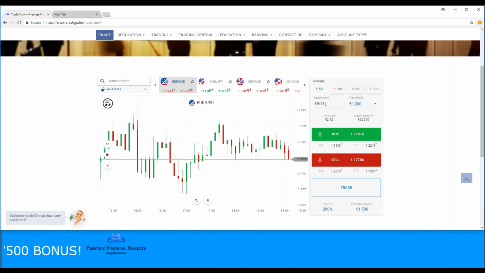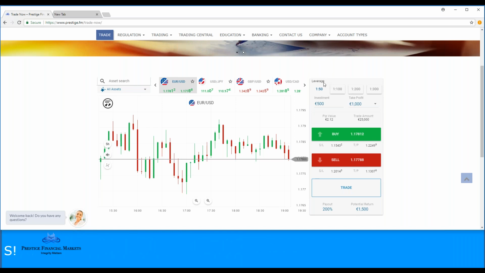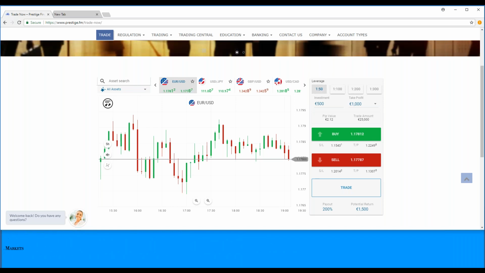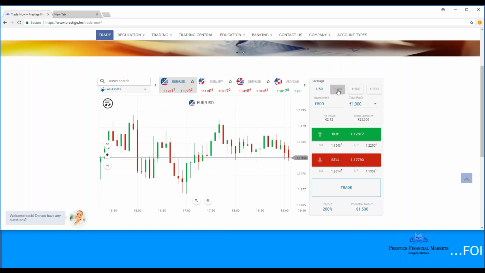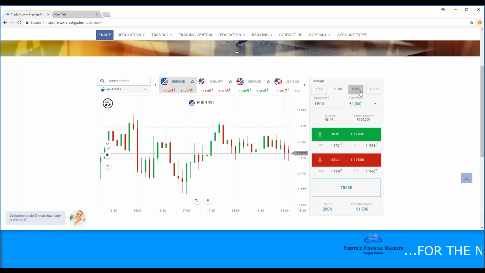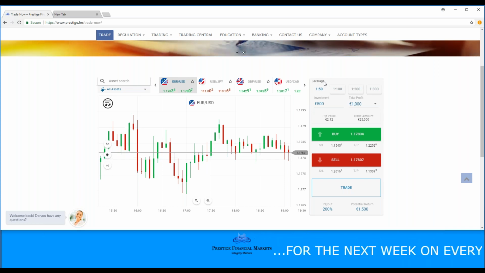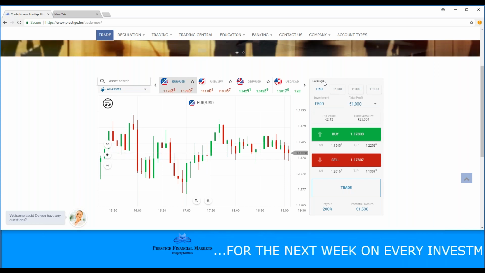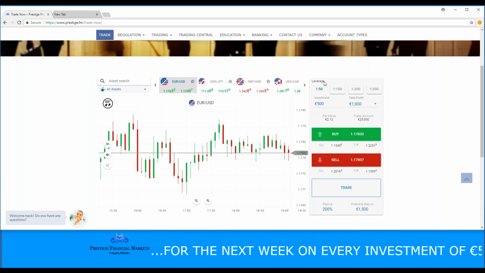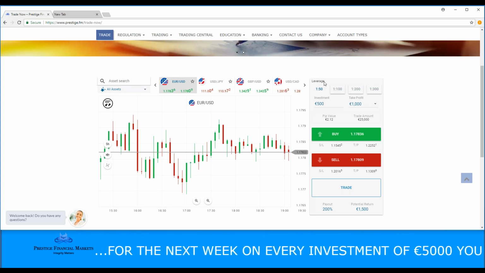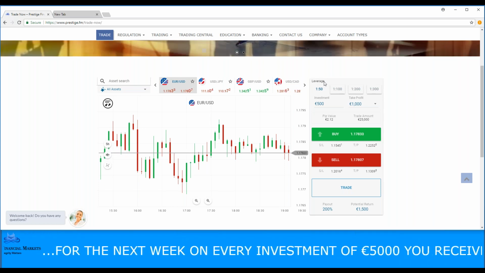Leverage is basically all these numbers that you can see: 1 to 50, 1 to 100, 1 to 200, 1 to 300.